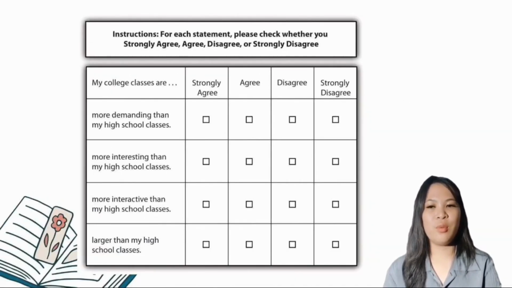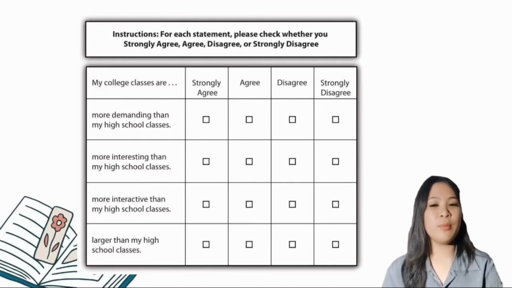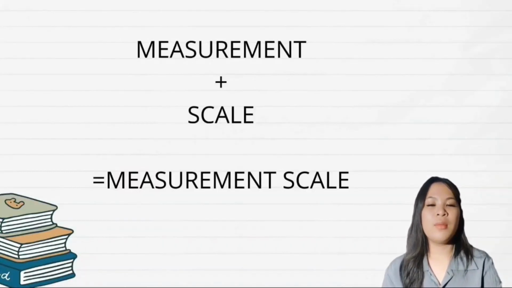Just like for this one, my college classes is more demanding than my high school classes. So with the use of this 4-point Likert scale, you can choose whether you strongly agree, agree, disagree, or strongly disagree.